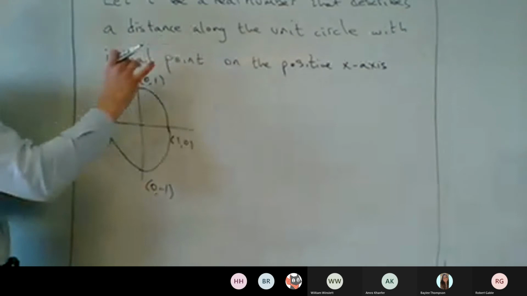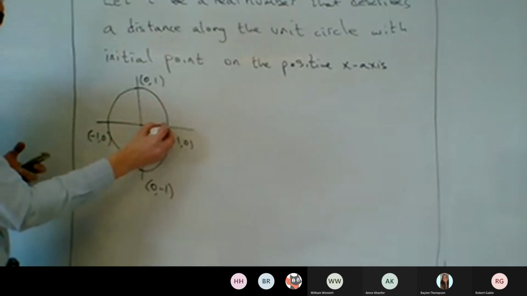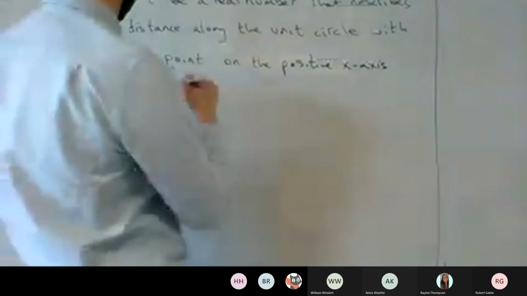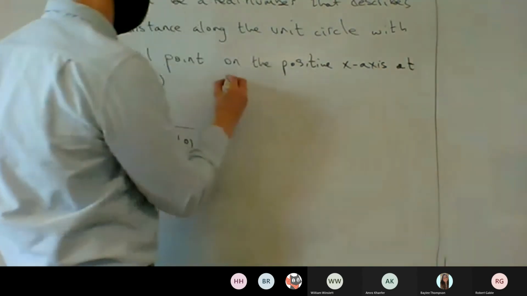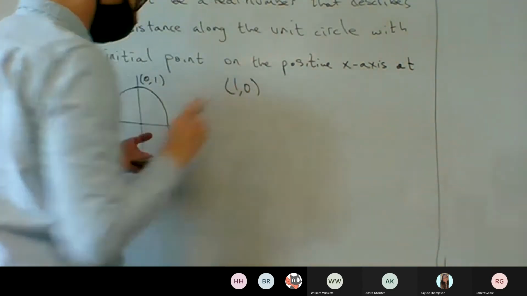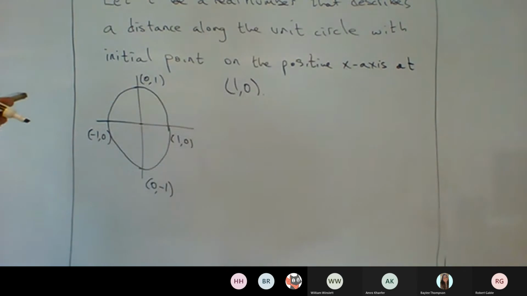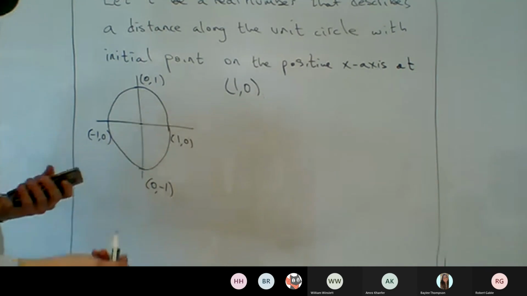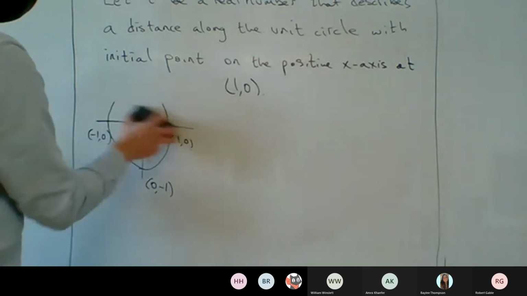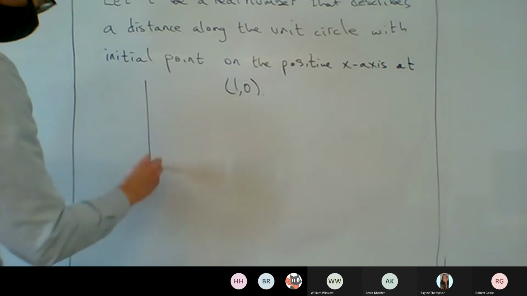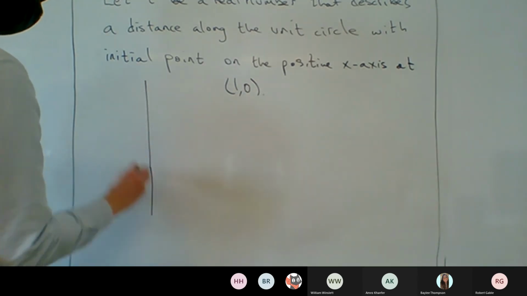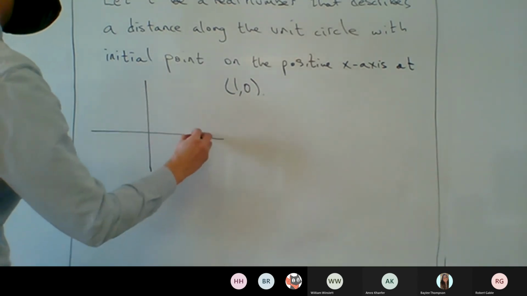So where is the point on the positive x-axis that t is going to start at? Well, it's at the point 1, 0. So specifically the initial point on the positive x-axis at 1, 0. So what does this mean? What is t then? Let me draw you a better picture. In fact, I'm going to make it bigger.